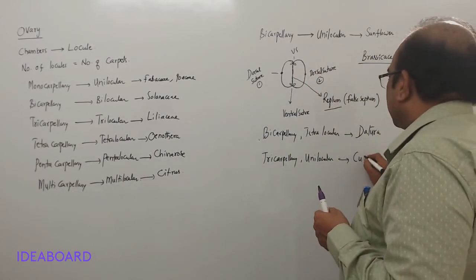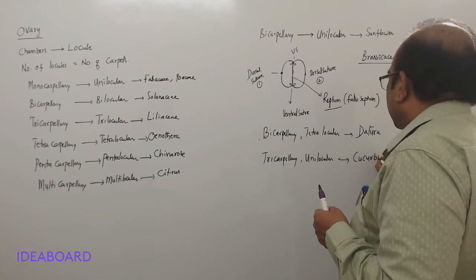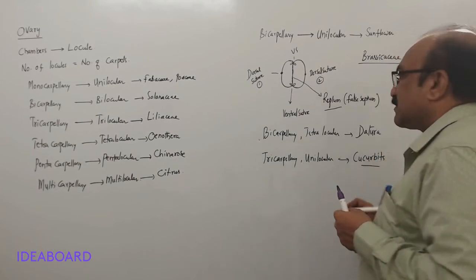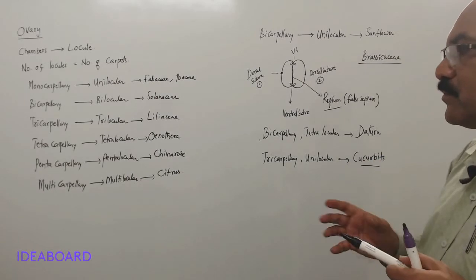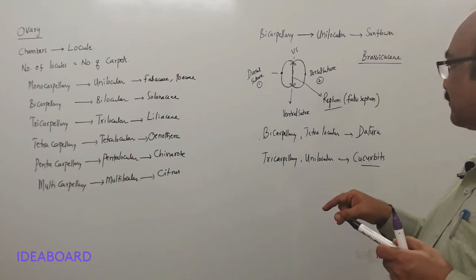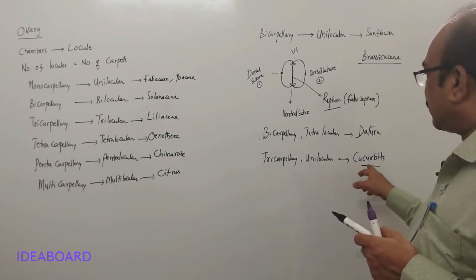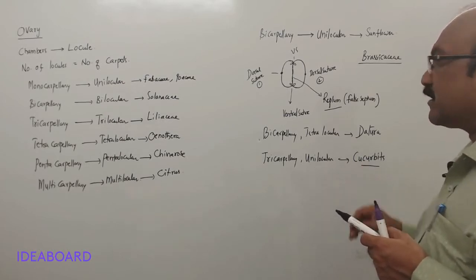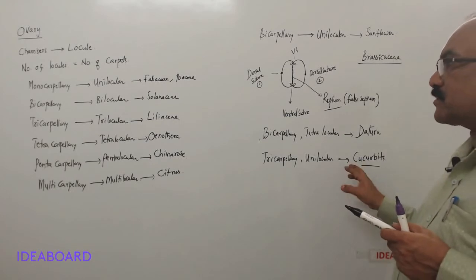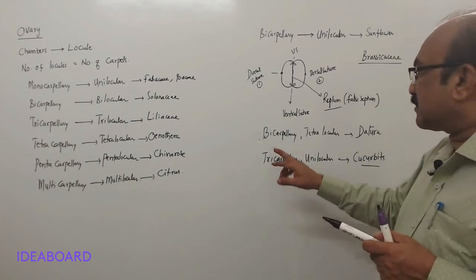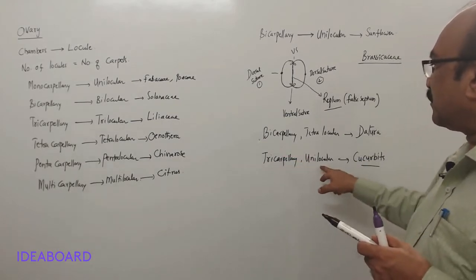As I told you, cucurbits, though they are multicarpellary, will show this unilocular condition. You just remember that it is not multicarpellary, it is tricarpellary unilocular.